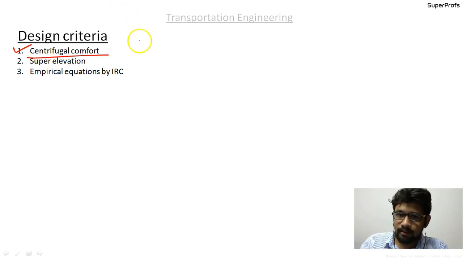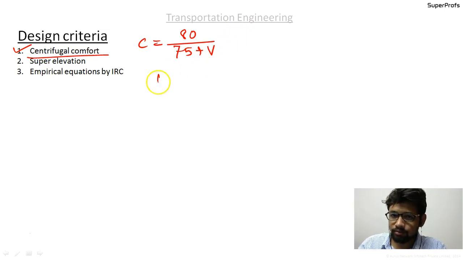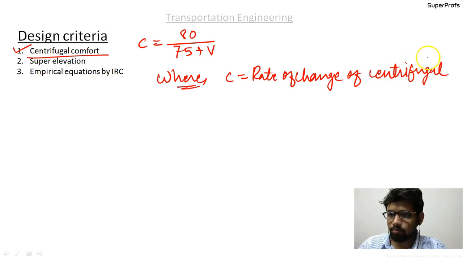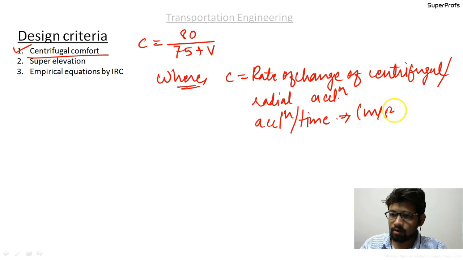The formula is C equal to 80 upon (75 plus V), where C is the rate of change of centrifugal radial acceleration, and the unit is acceleration per unit time, that is meter per second square per second, which is equal to meter per second cube.